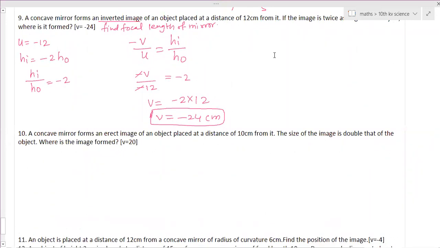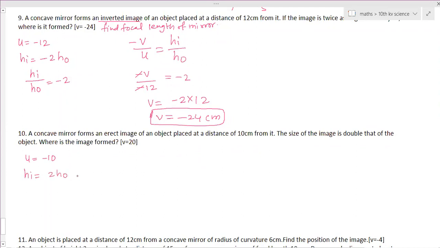Roshita, next question. First complete the 9th one and then 10th one. Complete your 9th one? Yes, ma'am. Okay, then 10th one, tell me. U is equal to minus 10. Okay. So HI is equal to 2HO, minus 2HO.